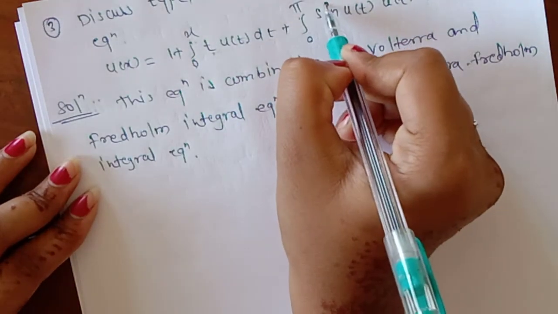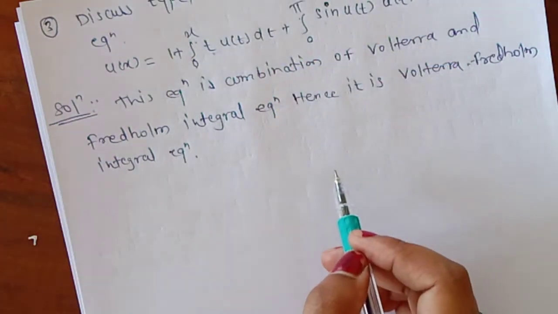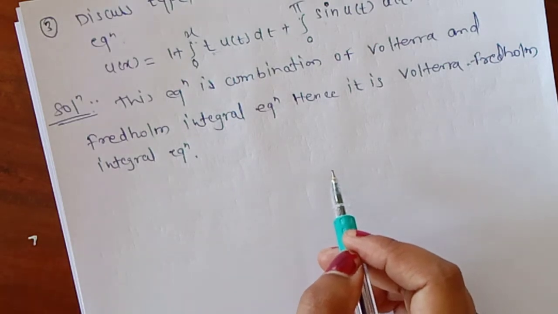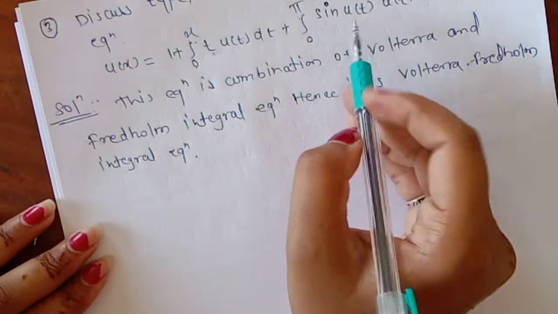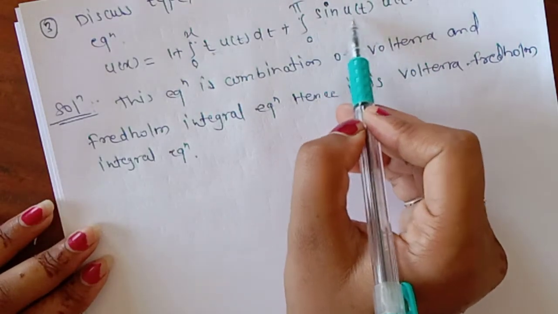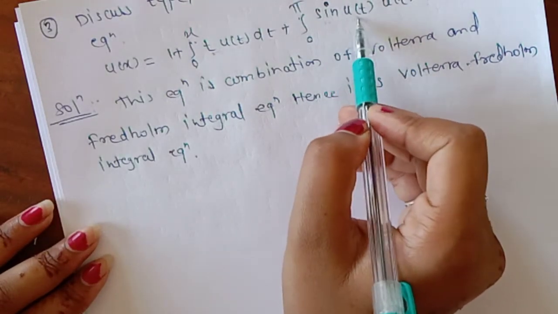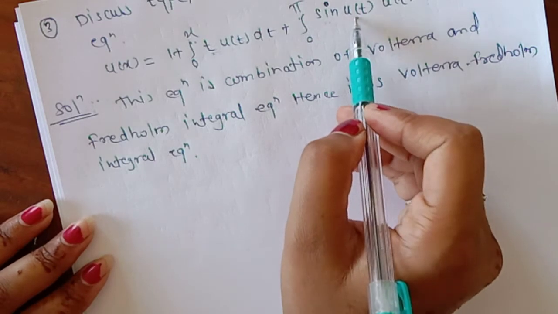For the linearity property we have to look at the unknown function u of x, which has power 1 and is linear, not a function of another function. But here the unknown function u of t appears within another function, sin of u t, therefore this is not a linear function.